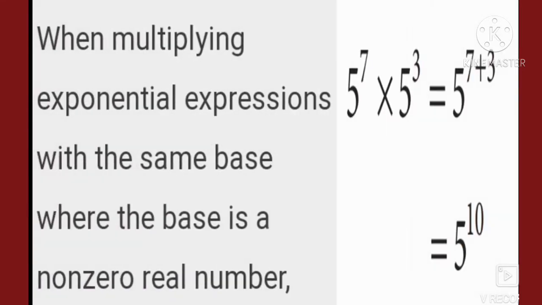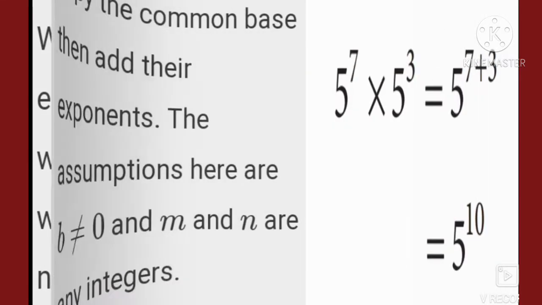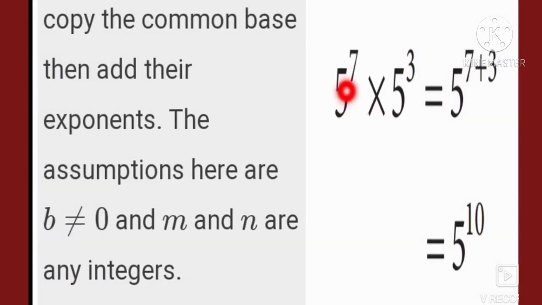So, for example, when multiplying exponential expressions with the same base, here the same base is 5. Where the base is a non-zero real number, copy the common base. So, what we have to do?